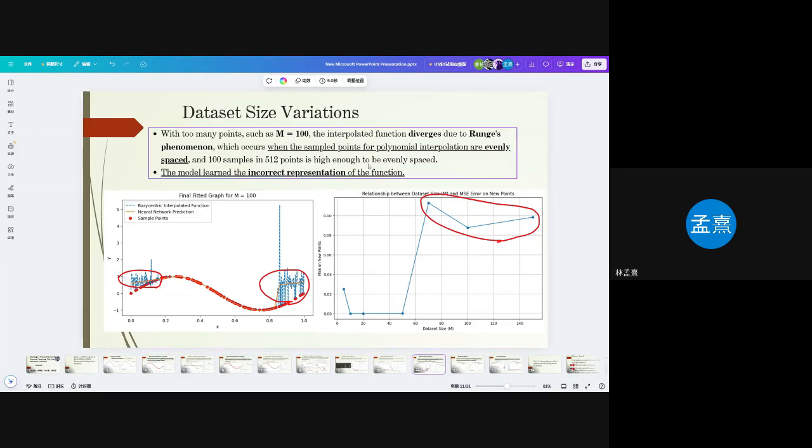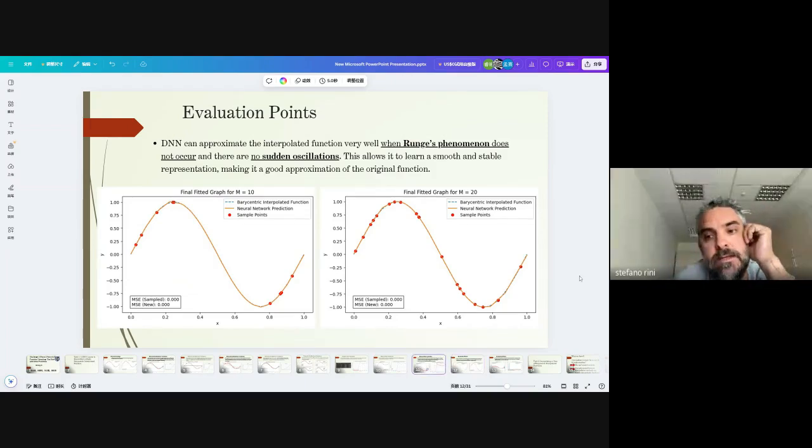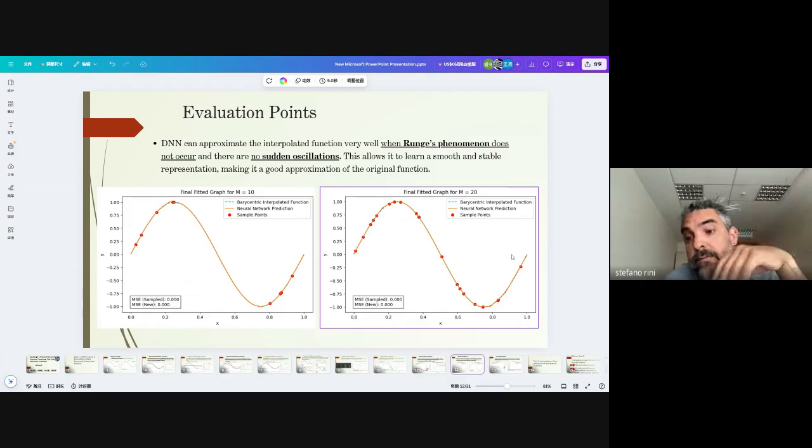This occurs when sample points for polynomial interpolation are evenly spaced, and 100 samples in 512 points is high enough. So the model learned the incorrect representation, which is this part and this part, and that's why the mean square error got higher. Good. You see that the interpolation becomes very jumpy there. Yes, very good.